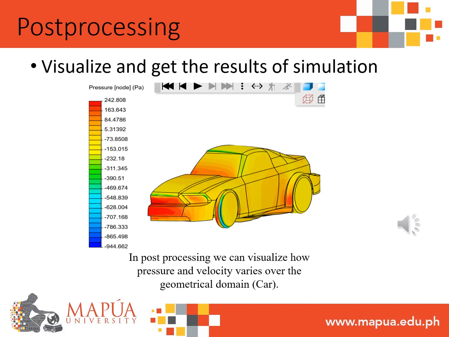In post-processing, we can visualize and get the results of the simulation. We can visualize how pressure and velocity vary over the domain. And for the results of the simulation, since we specified in the results control that we want the drag and lift coefficient, we can obtain those data in post-processing.